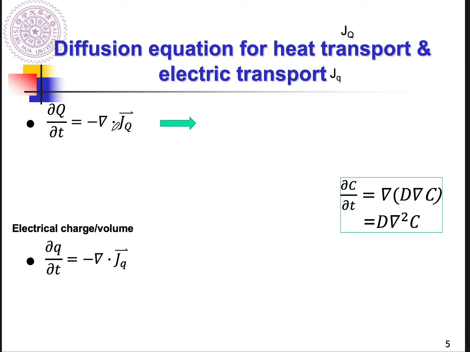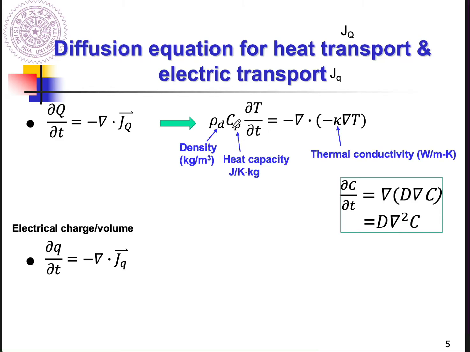So we want to convert the flux and the heat to other measurable parameters or measurable material properties. The heat dQ is Cp dT, the heat capacity times dT. But the unit of Cp dT is joule per kg.